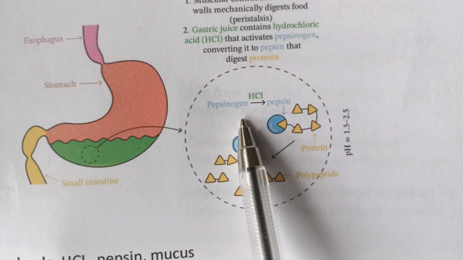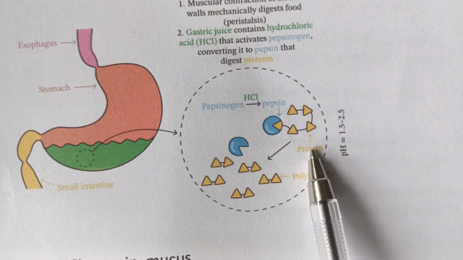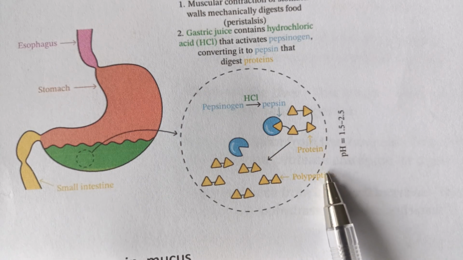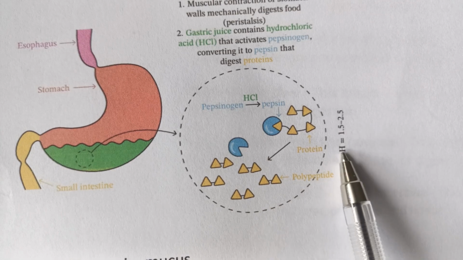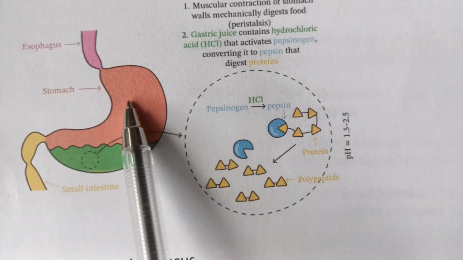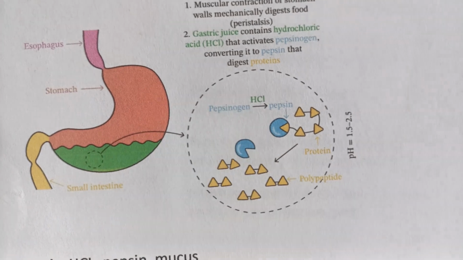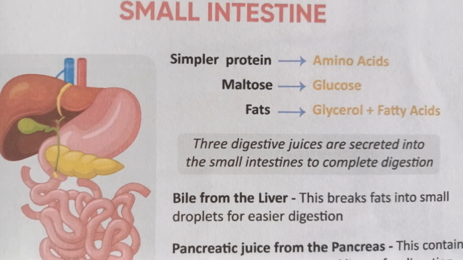So pepsinogen is converted into pepsin in the presence of hydrochloric acid. Pepsin breaks down protein into small peptides and amino acids. The pH here is quite low. Low pH means the environment here is acidic. So that is about the things that take place in the stomach.